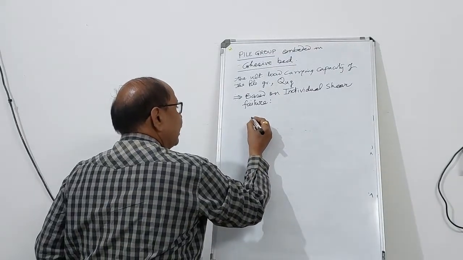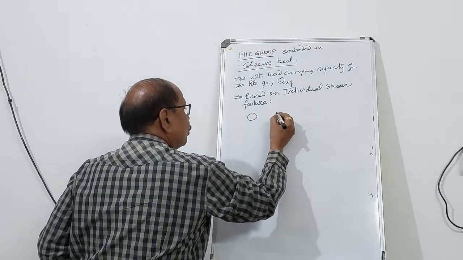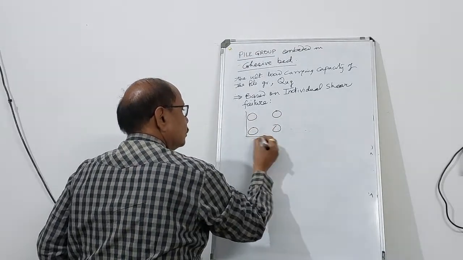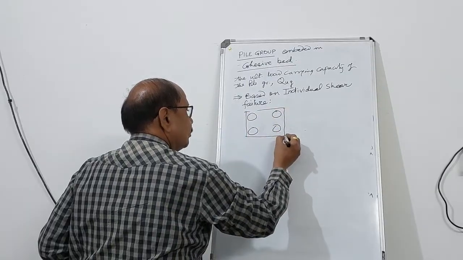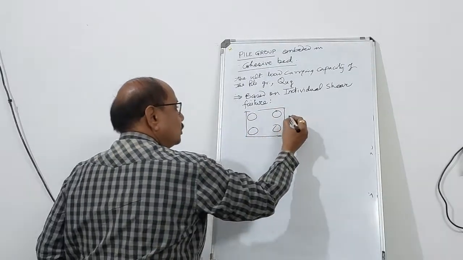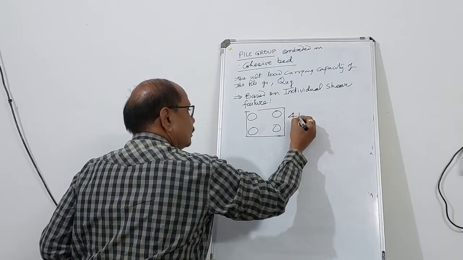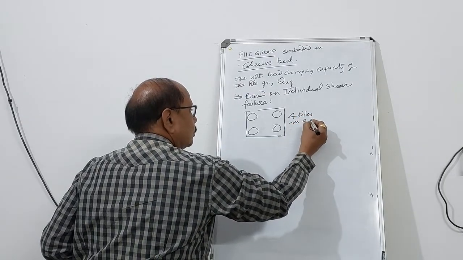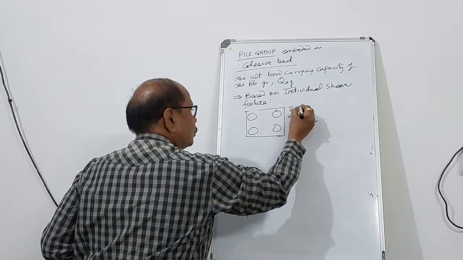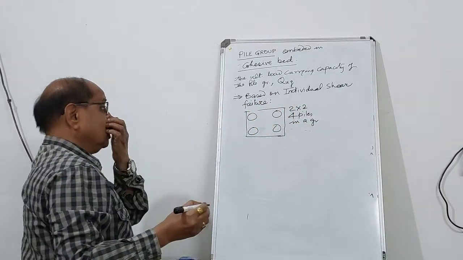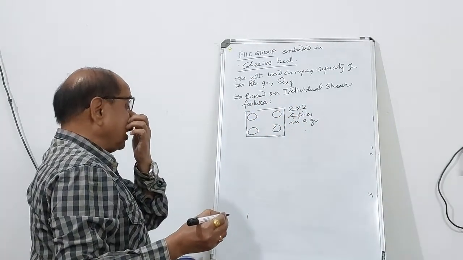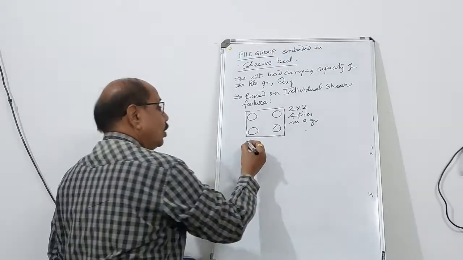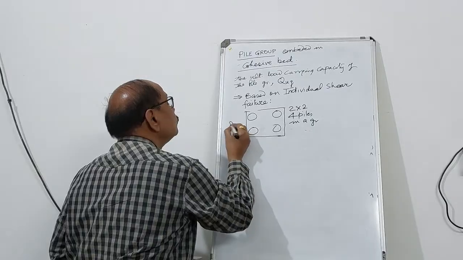Say we have the pile groups arranged in a square pattern. So there is the pattern of the pile group, 4 piles in a group, 2 by 2. If you want to find out the ultimate load carrying capacity of this pile group, this is the plan view.